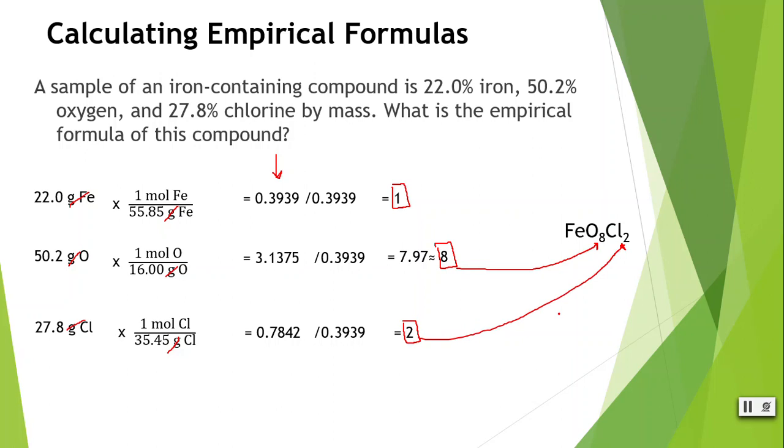So those are the 3 steps that are used in calculating empirical formulas. One other important point to make, and I kind of hinted to that with the rounding. In this example, I didn't get exactly a whole number when I did the division, but it was close enough to round.